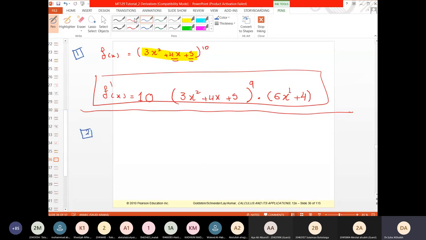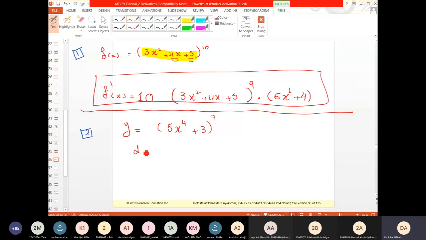If we have, let's say, I have y, I'm going to call it y. I want you to be familiar with all the notations that we are using here. My function y is, let me say, 5x to the power 4 plus 3, all to the power, let me say, 7.